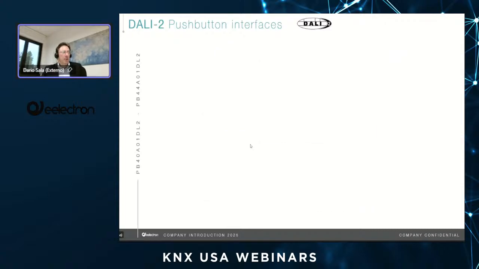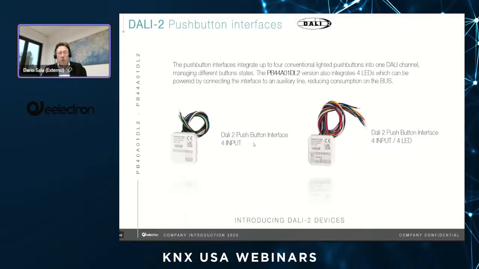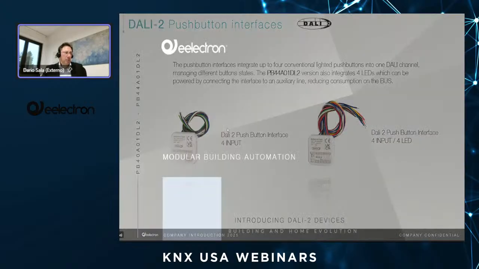And this is also complemented by push button interfaces in that direction in order to fulfill this kind of request that you need to have DALI in the ceiling, but after that you need to reconnect in the KNX in order to provide the other functionalities that can be delivered from a KNX perspective.